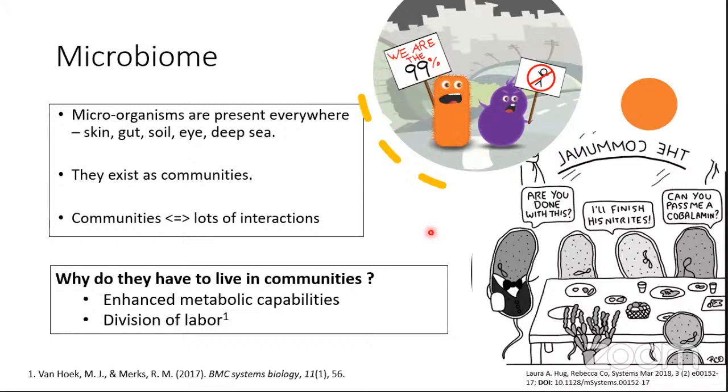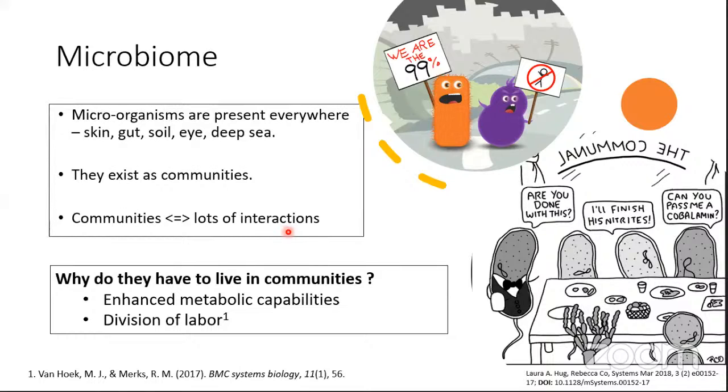Microorganisms are present everywhere: in skin, gut, soil, the places you see and places you don't see, like the deep sea. One of the most interesting things about the microbiome is that microbes exist as communities. When you say communities, it means there are a lot of interactions occurring between each and every microorganism.